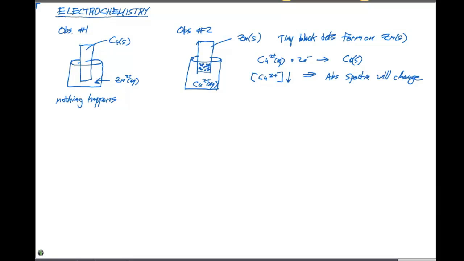We need to get that from something else. So in this case, zinc solid is going to produce zinc 2+ ions in solution plus 2 electrons. So the electrons can be transferred from that zinc to the copper. And just like energy, which we can transfer from one form to another, we can transfer electrons around.